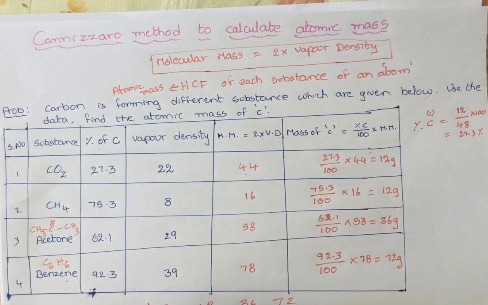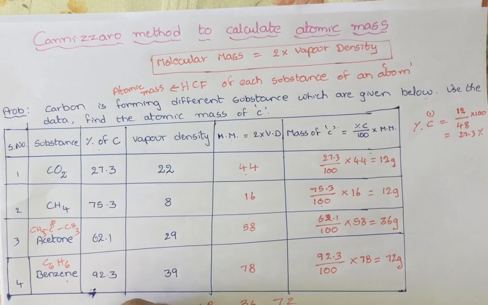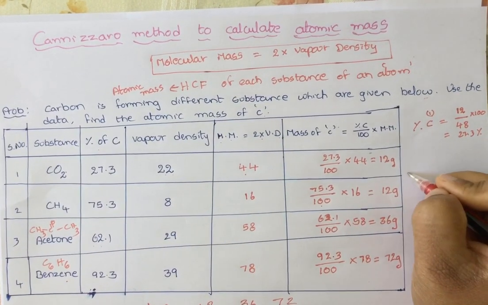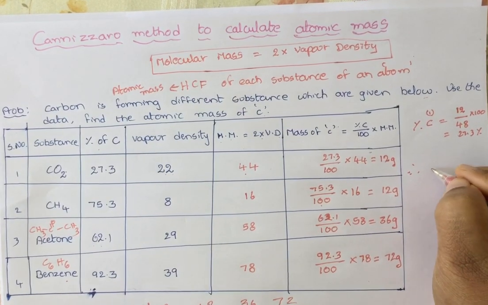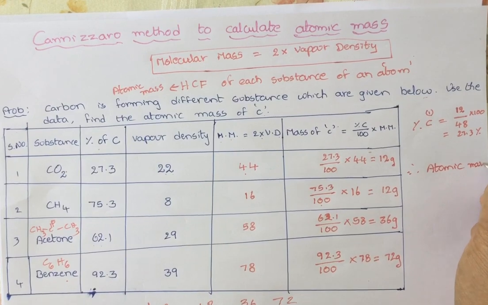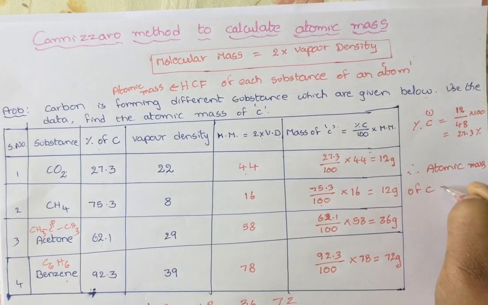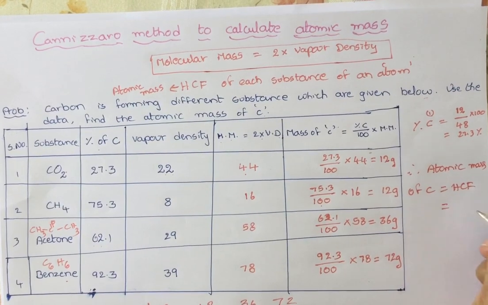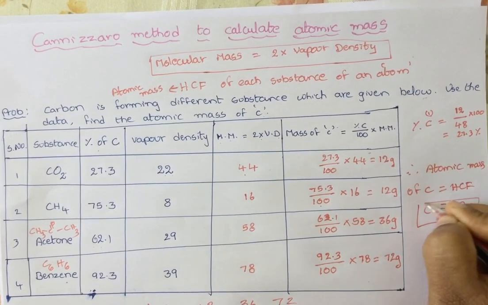This is the highest common factor. So what is the atomic mass of carbon now? Atomic mass of carbon is equal to its HCF, which is 12. So 12 grams. Carbon atomic mass is 12 grams.